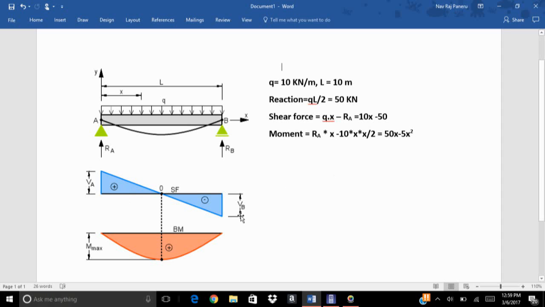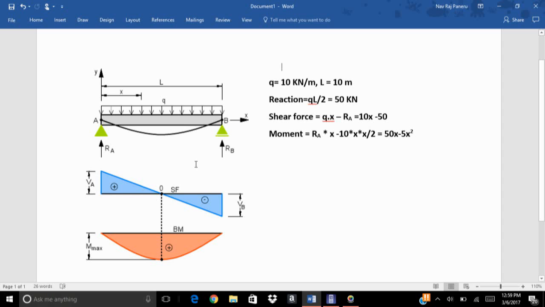The shear force diagram and the bending moment diagram are like this. So we are going to draw these two figures from our calculator fx9750. Our calculator will help us to find this point, at what distance this value is 0.